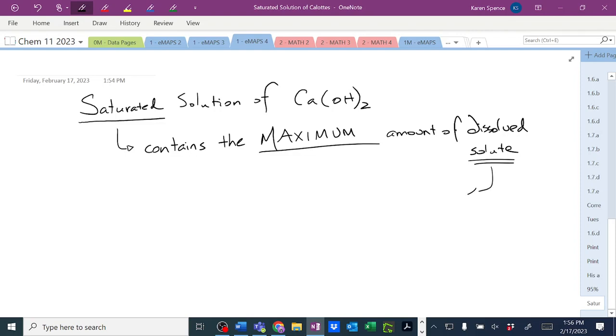Who is the solute in our mixture? Calcium hydroxide. Who is the solvent in our mixture? Water.